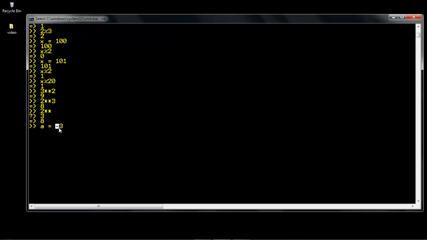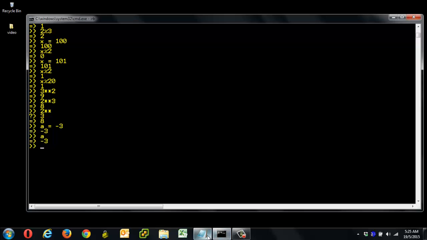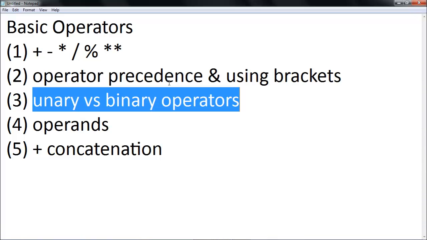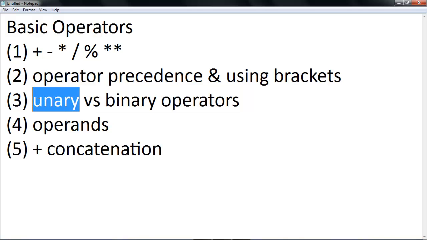So the minus sign here, although it looks the same as a binary operator, is a unary operator. It's a negative sign. Okay, so A now stores -3. That is a unary operator. There are some other unary operators which we'll see down the road. Just be familiar with this term.